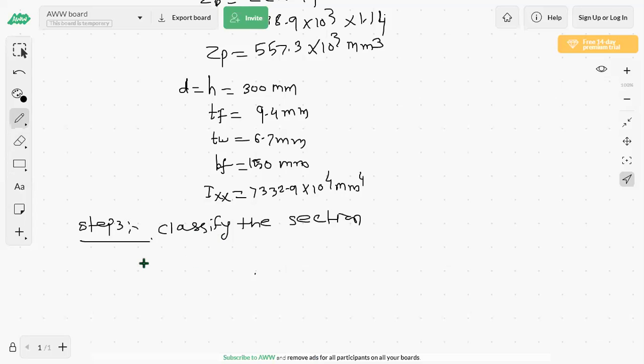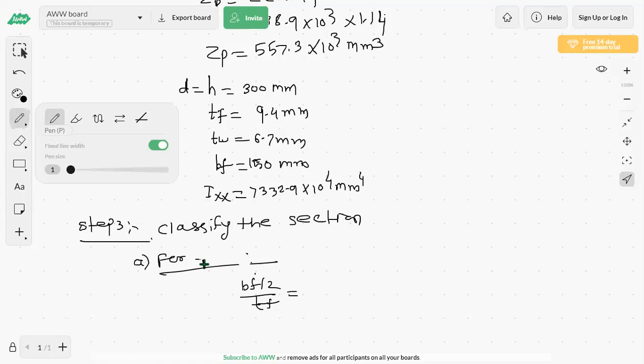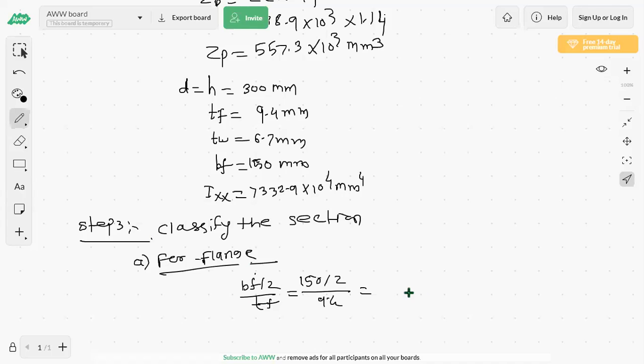So for flange, first we have to classify. For flange, BF by 2 divided by TF. BF is 150 divided by 2, TF is 9.4. So how much is this value?